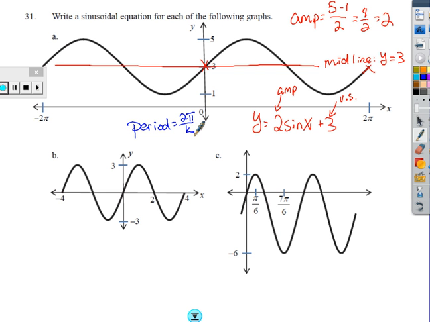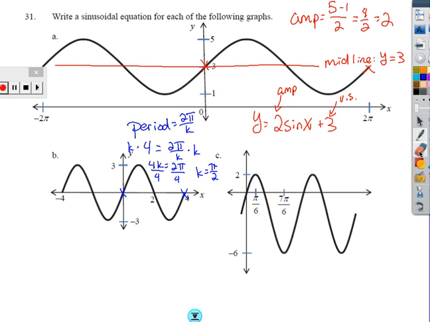In this case, I can tell that the period is 4, since it took 4 units to make a full rotation. So 4 equals 2 pi over k. If I multiply on both sides by k, then I have 4k equals 2 pi. And if I divide both sides by 4, then I have k equals pi over 2, since 2 pi over 4 is the same thing as pi over 2.